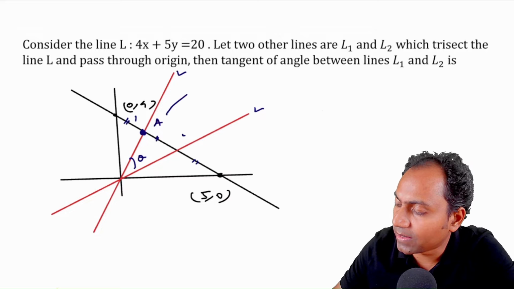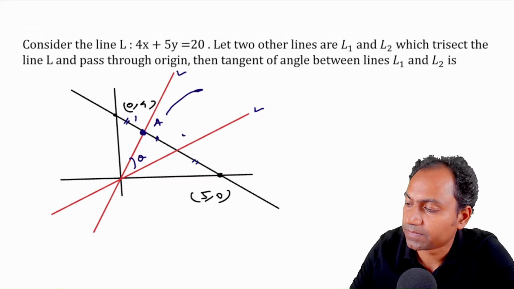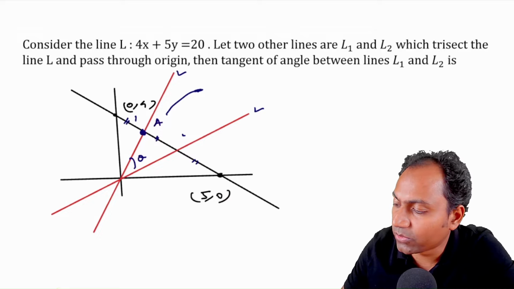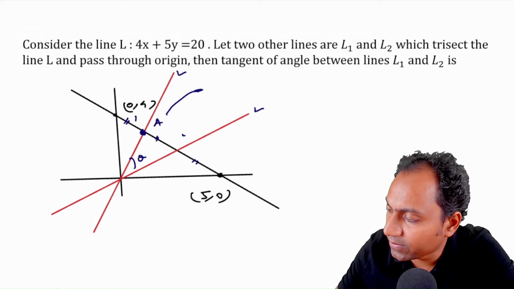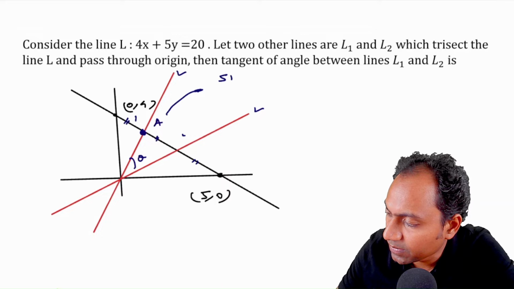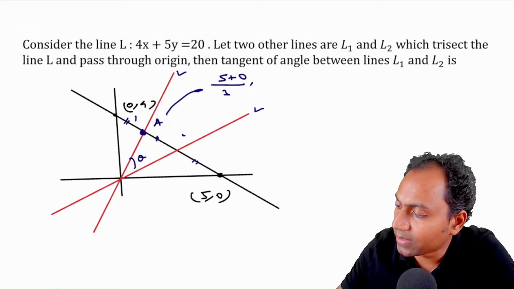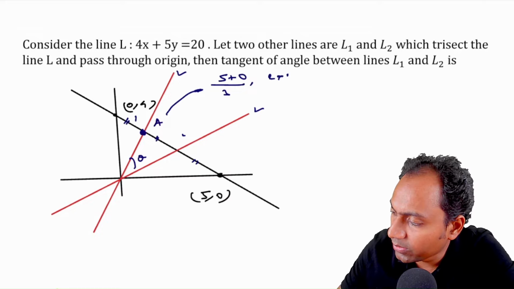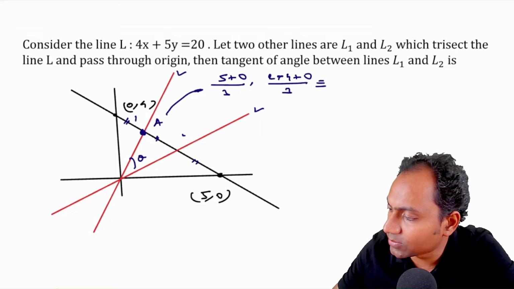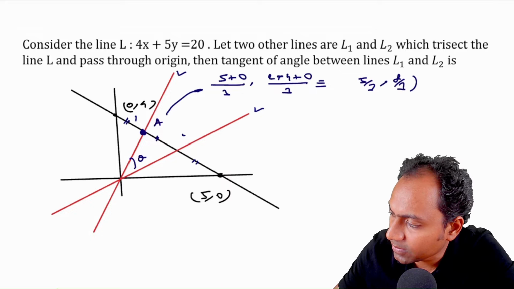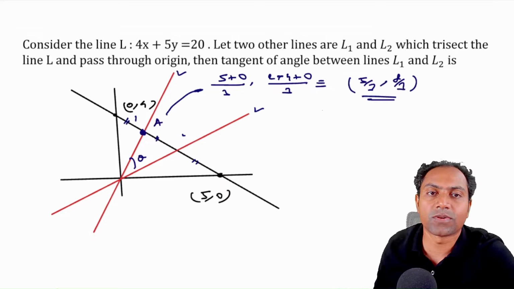If I apply the section formula, what I am going to get is (1 into 5 plus 0) by 3, and the next coordinate we can get by (2 into 4 plus 0) by 3. So this point comes out to be nothing but (5 by 3, 8 by 3). This is what we have got.